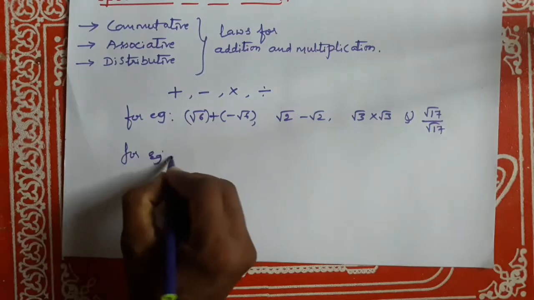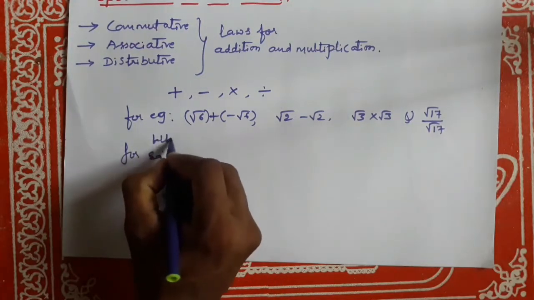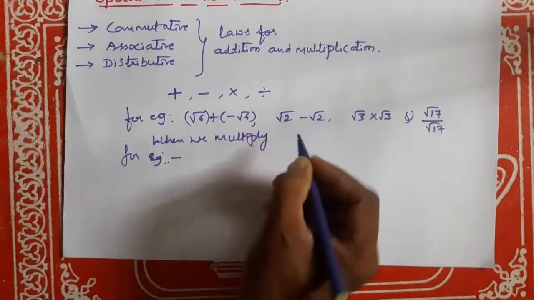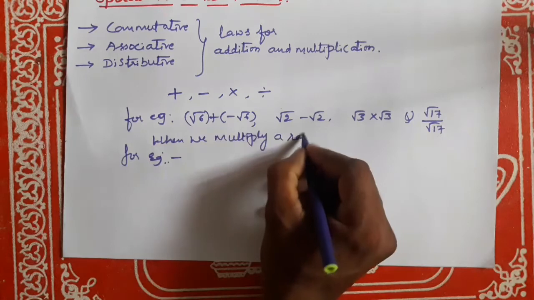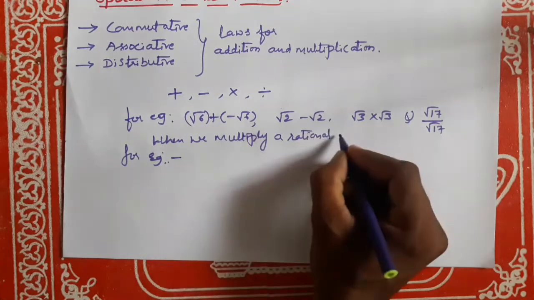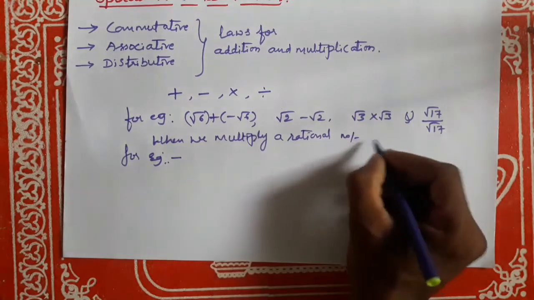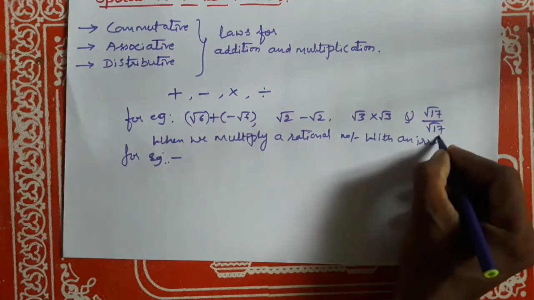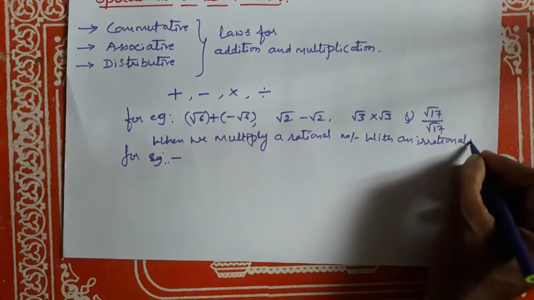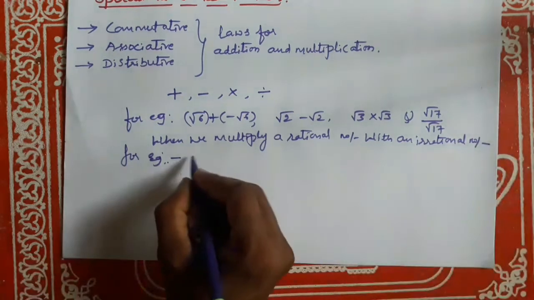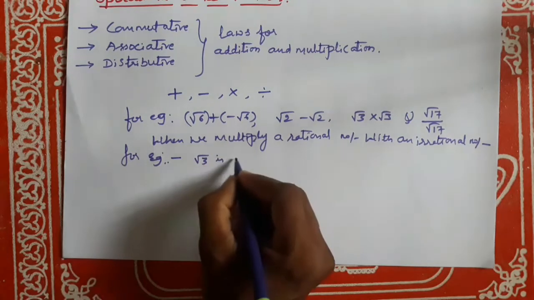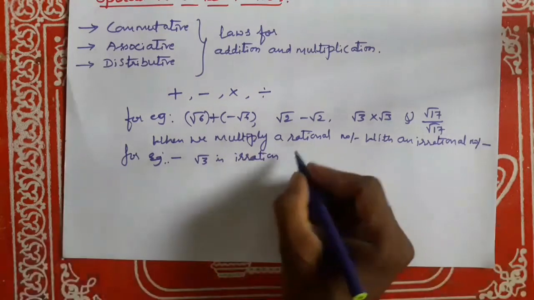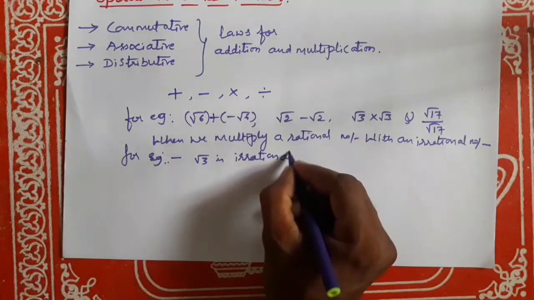For example, root 3 is irrational because we will get a non-terminating decimal.